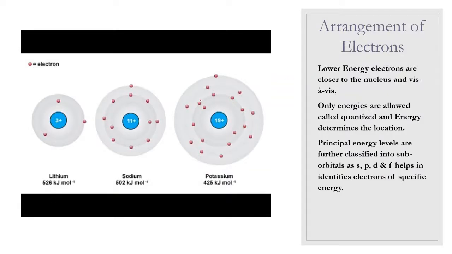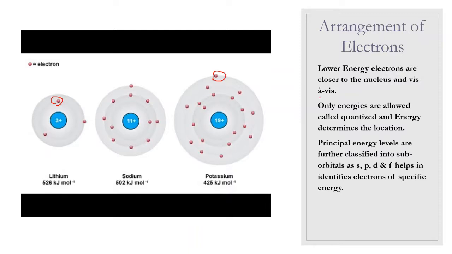arrangement of electrons. Lower energy electrons are closer to the nucleus, and higher energy electrons are far away from the nucleus. Whatever the energy is, if the electron energy is lower, it will be closer to the nucleus, and if the energy is larger, it will be away from the nucleus.